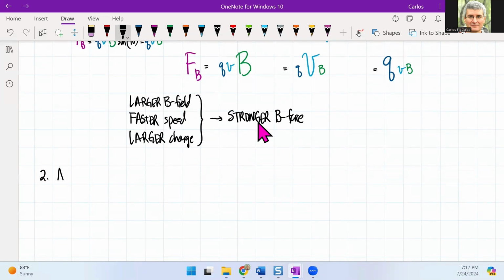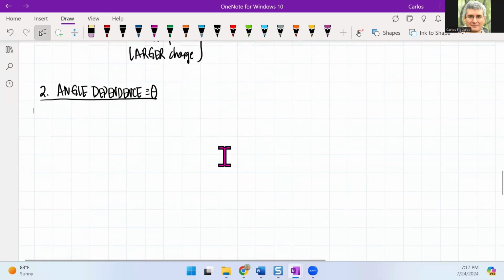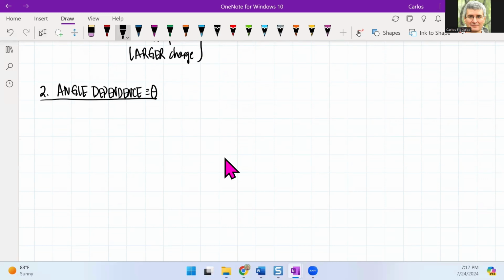So one of the things that we just learned here from the area of the parallelogram produced by the cross product, which spans those two vectors, is that the strength F_B is equal to that area spanned.